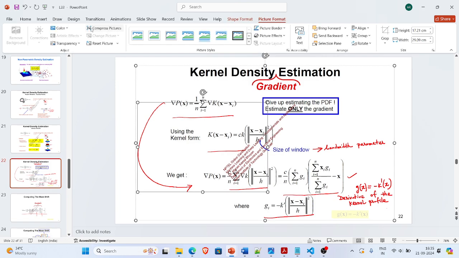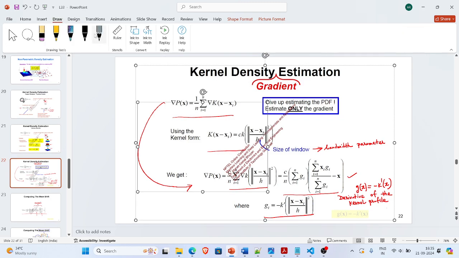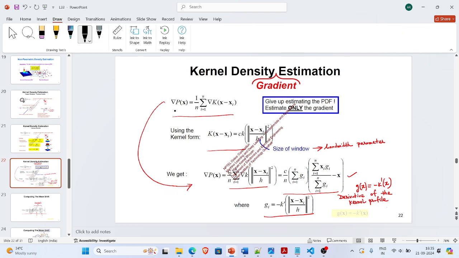So this is the kernel we have defined, like a norm of the distance from the center divided by h, where h is the size of the window or bandwidth parameter.